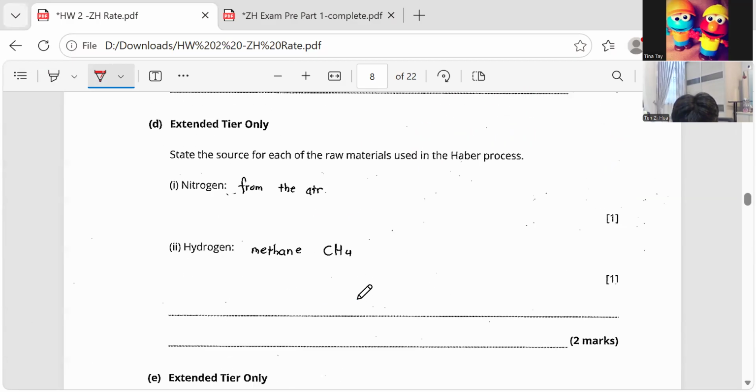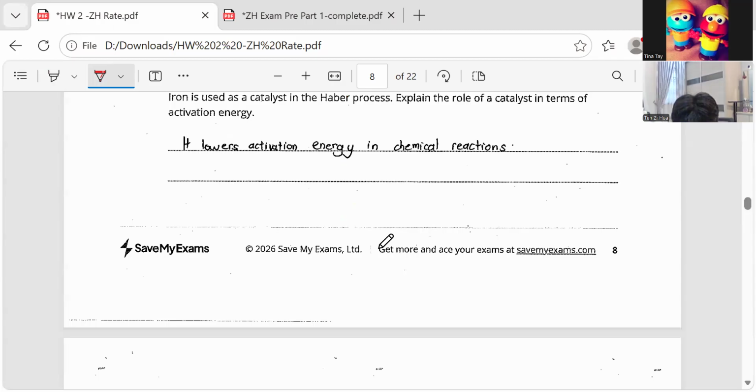Correct, this one is correct. Okay, so same as just now.